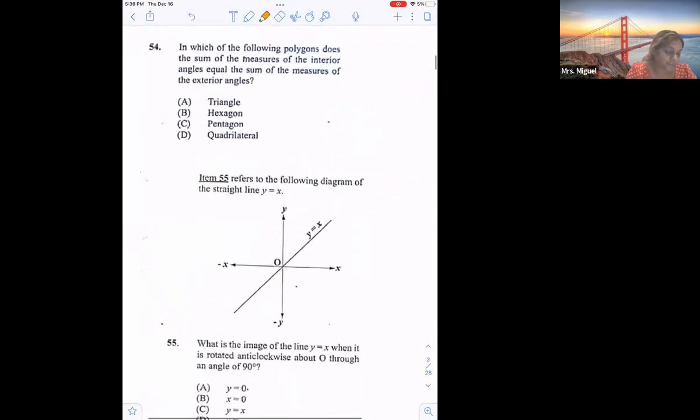In which of the following polygons does the sum of the interior angles equal the sum of the exterior angles? Is it a triangle, a quadrilateral, or a pentagon? Let me check it.